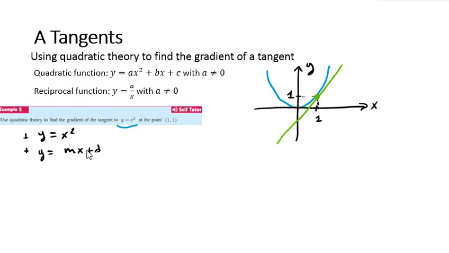To do that, we have to equate both functions to each other. So we replace the y in the first function by mx plus d. That will give you mx plus d equals x squared.